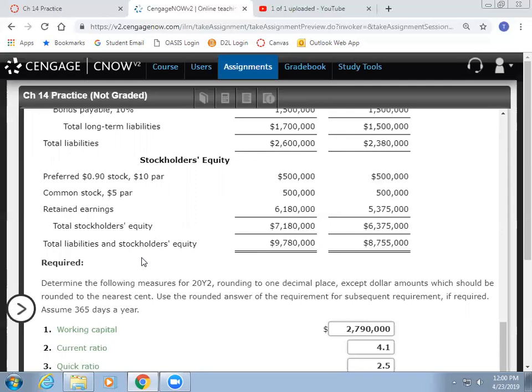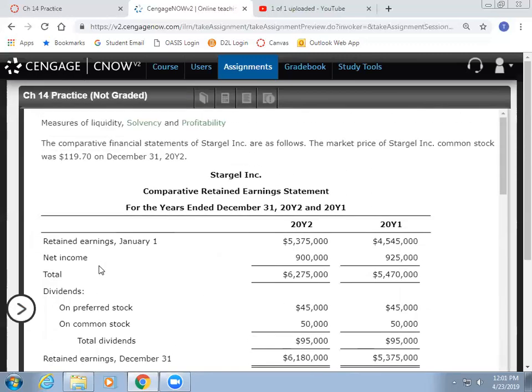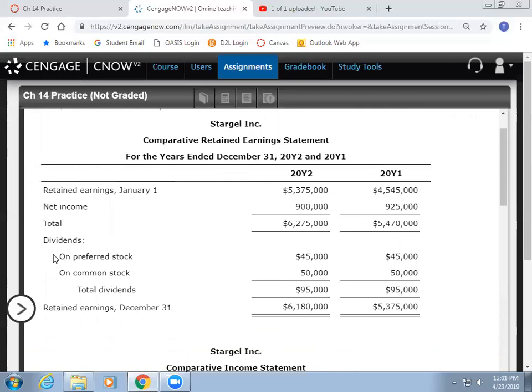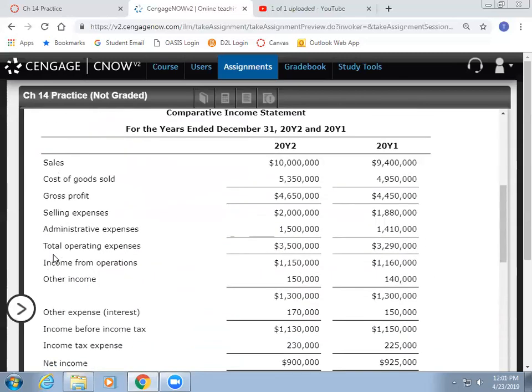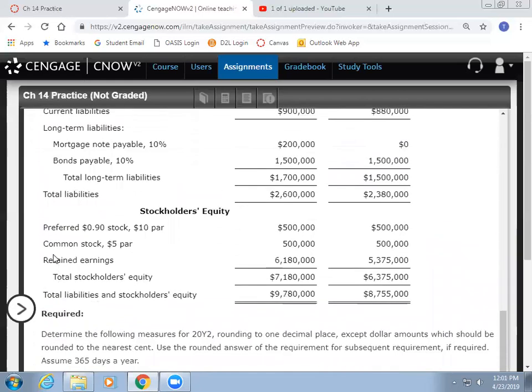You will use shares of common stock outstanding. Let's see if they give that to you anywhere. So you'll have to calculate that. I think that's the only other tricky one. Make sure you calculate your shares of common stock outstanding.